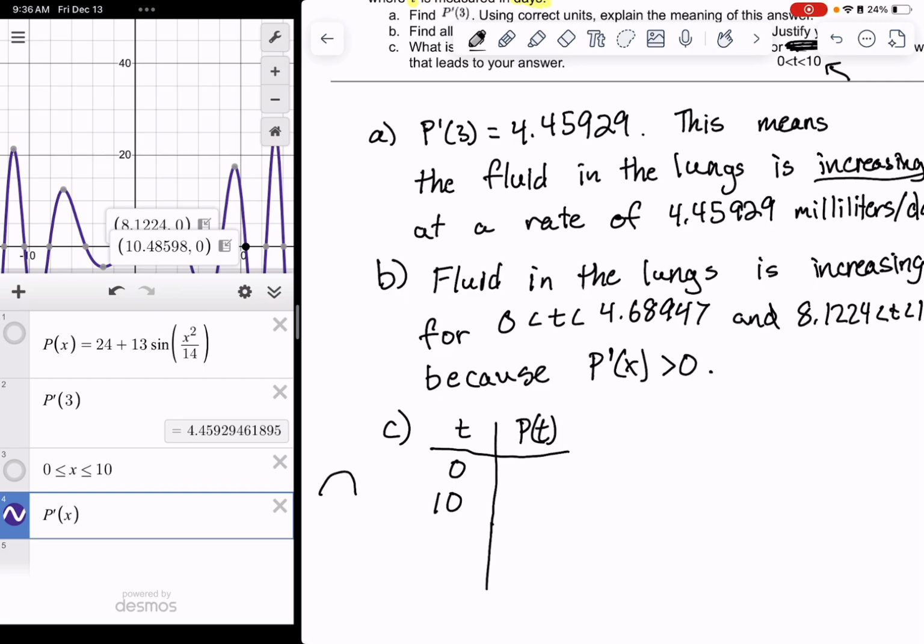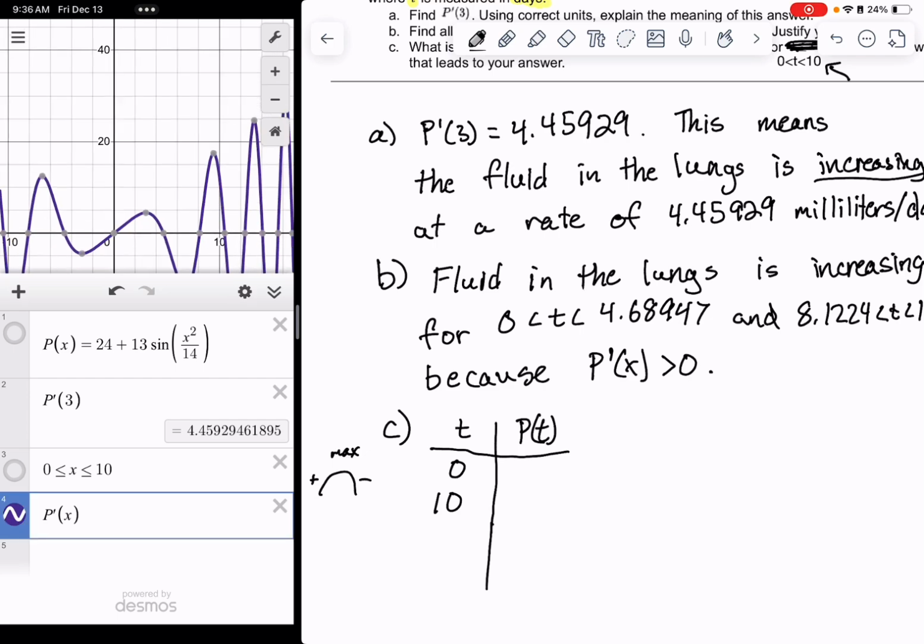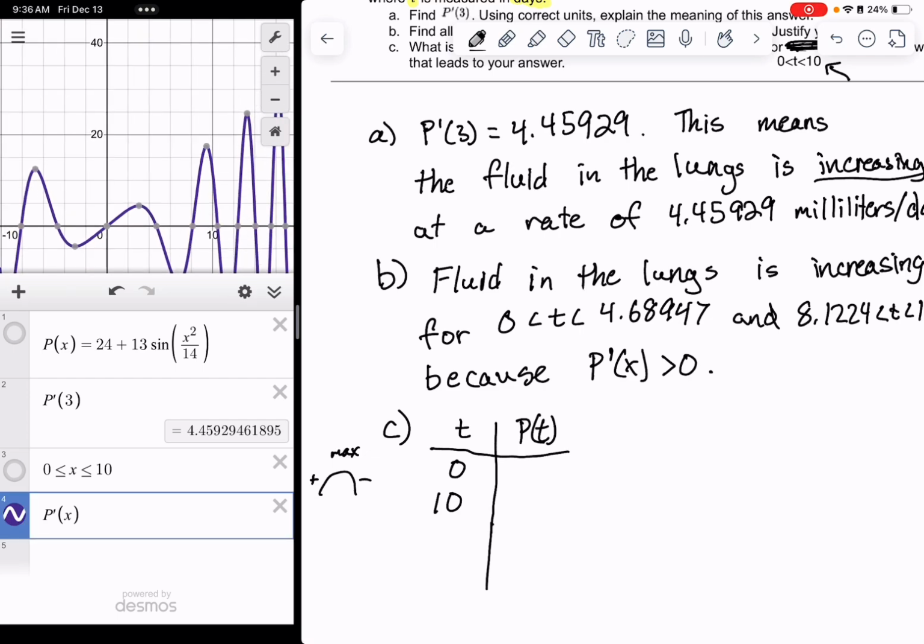And remember, a max is going to happen when my slope changes from positive to negative. So when does that happen? It happens when this purple line changes from positive to negative. So we're going to go here at 4.68947, because the height changes from positive to negative at that point.